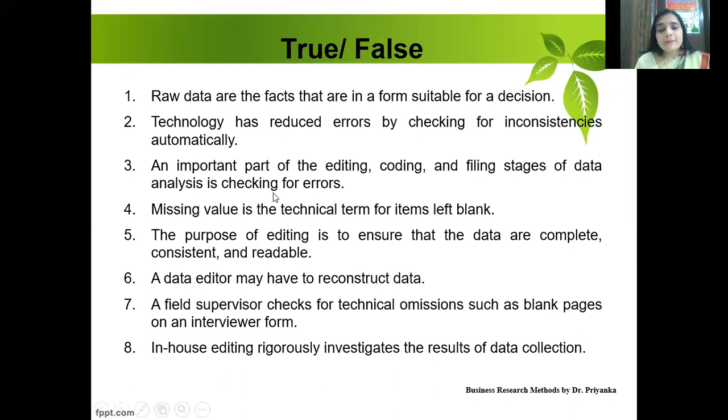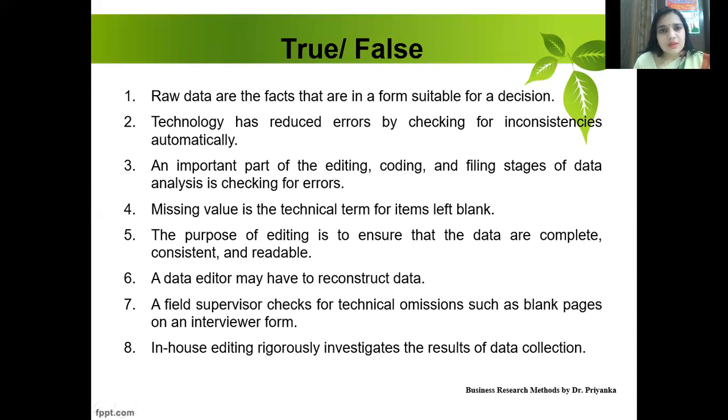Fourth, missing value is the technical term for items left blank. Is it? It is item non-response that is the technical term for items left blank. So it is false. Fifth, the purpose of editing is to ensure that the data are complete, consistent, and readable. Yes, true. Sixth, a data editor may have to reconstruct data.